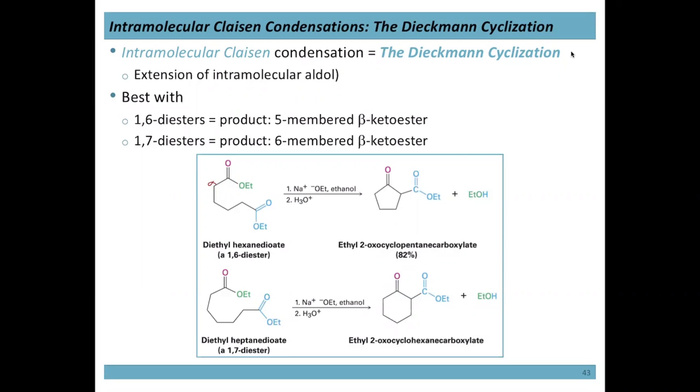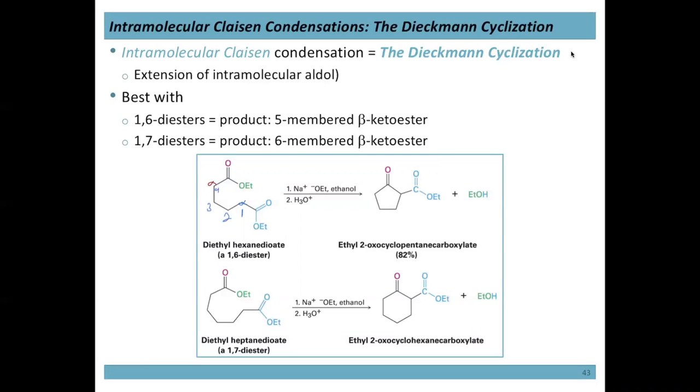So we're back to the intramolecular Claisen condensation known as the Dieckmann. And as I was saying, this one's a little bit easier because we really only have two different alpha protons. And so we're going to do the same exercise that we did before. We're going to count from the alpha carbon to the carbonyl.